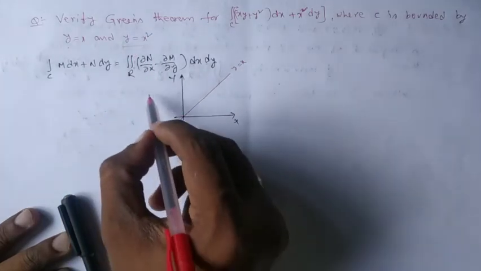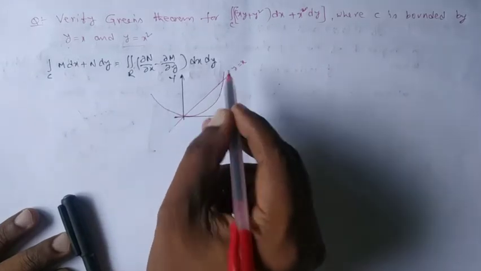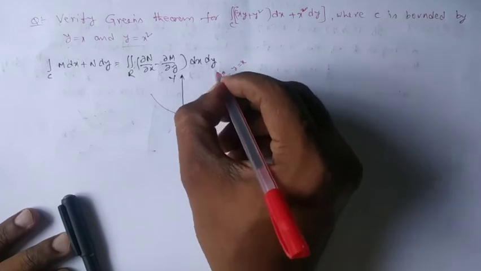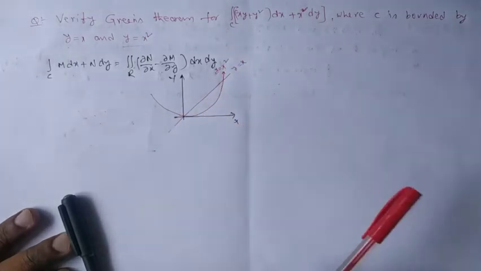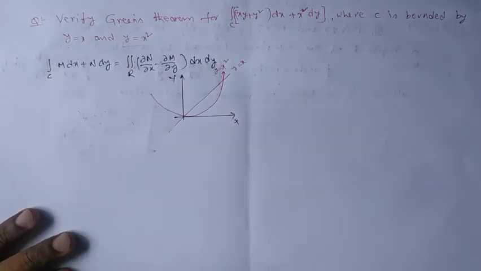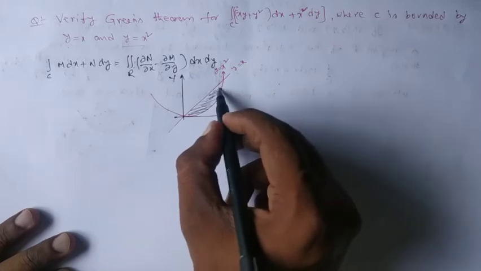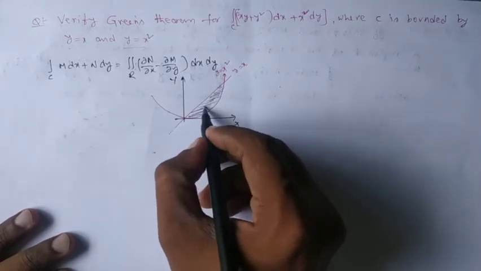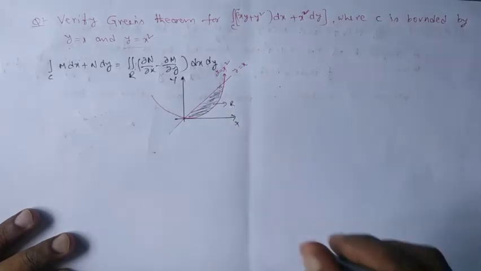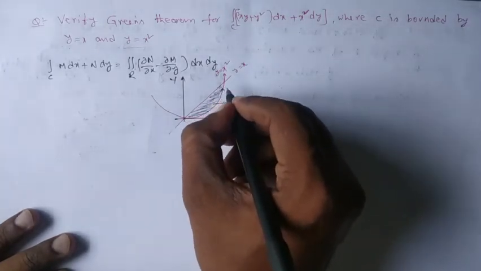So we can draw a parabola like this. This equation is y equal to x square and this is y equal to x. The region between them is our region R, and the curve C is the boundary shape.